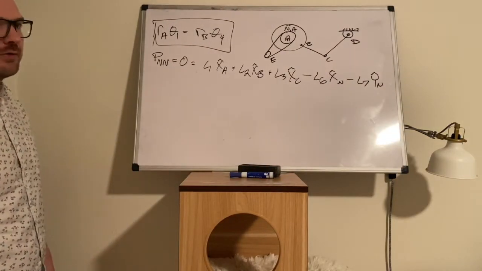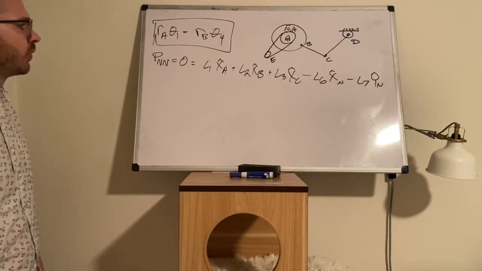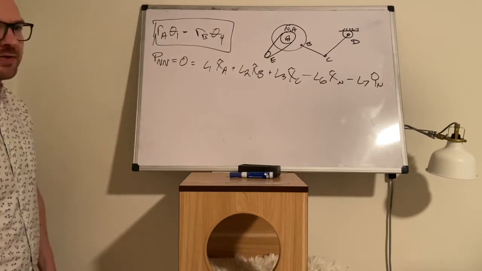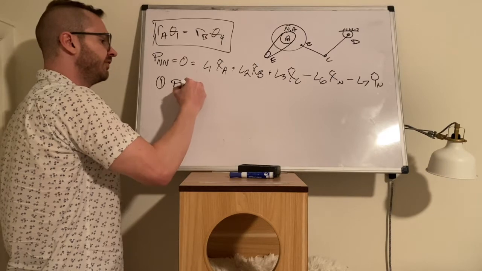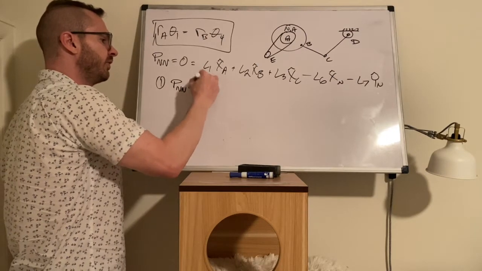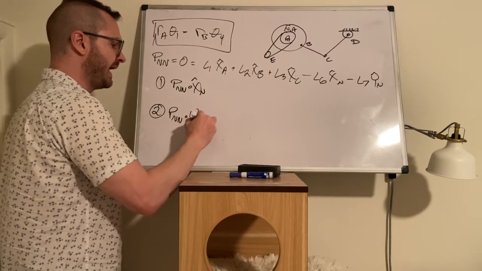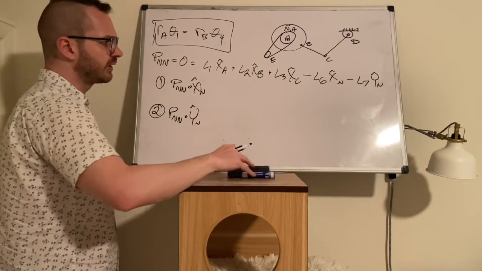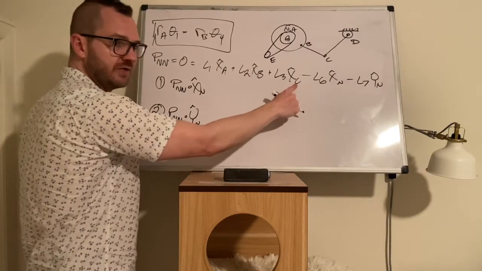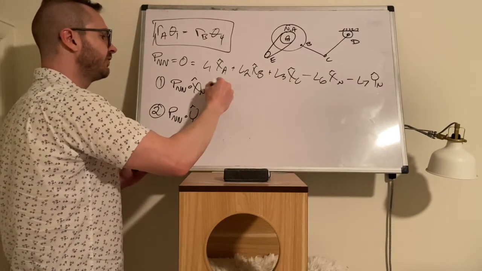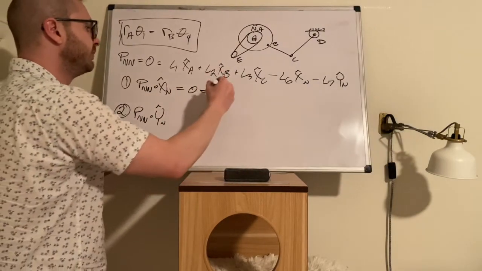So constraints. You've done several constraints by now. Finished the homework. We've done problems like this repeatedly. So what's going to happen is we're going to take this vector loop, we're going to dot it with x hat n, and we're going to dot it with y hat n. If you're still struggling with this, you can manually replace each of these with their definitions from the rotations. If you feel comfortable just going right to it, do so.